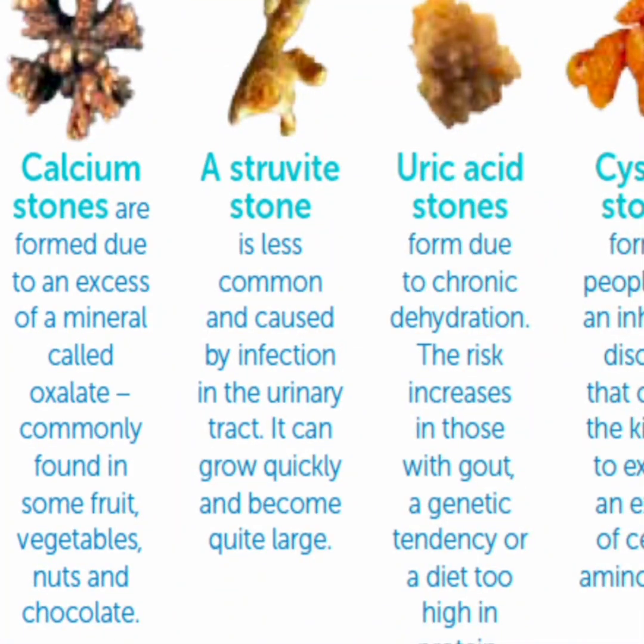Now let's look at the various stones. Calcium stones are formed due to an excess of a mineral called oxalate. The next one is the struvite stone, or white stone. It's less common and caused by infection. The third one is the uric acid stone, formed due to chronic dehydration. The risk increases in those with gout, a genetic tendency, or a diet too high in protein or amino acids.